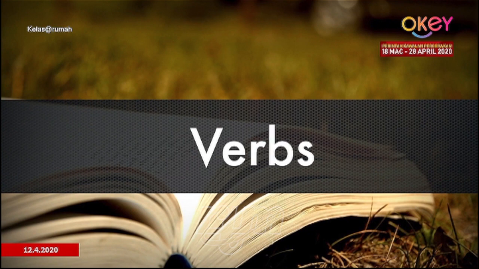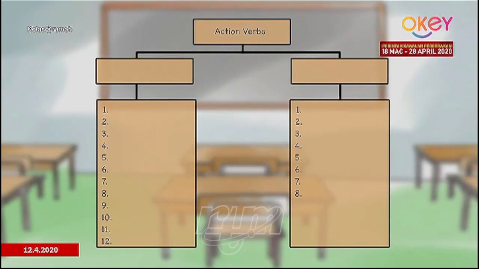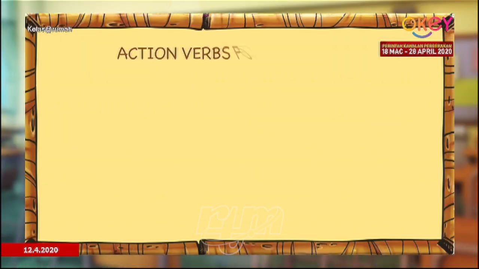Number 3, verbs. When revising for verbs, make a list of verbs in similar categories such as movement, senses, daily activities, etc. For example, here is a list of action verbs for movement.